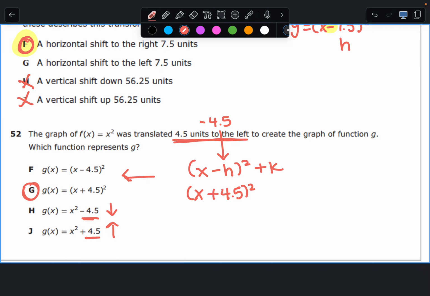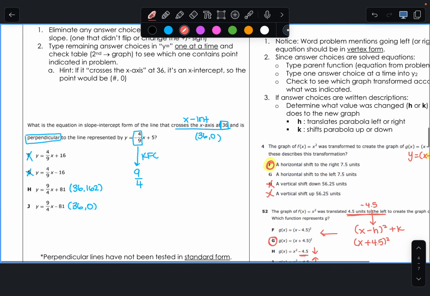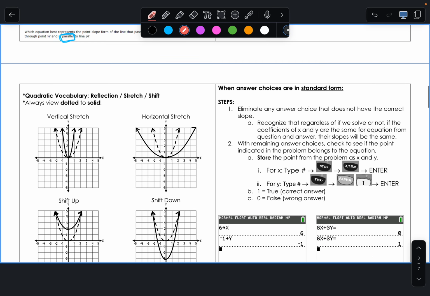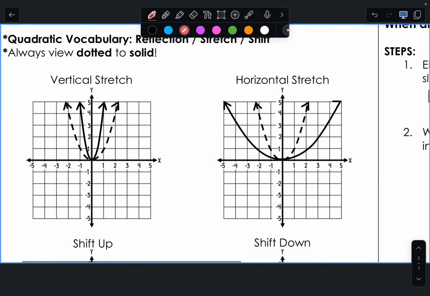And just a quick recap of the vocabulary. Vertical stretch means it gets narrower. Horizontal, it gets fatter. What makes your parabola fatter? Is it one or bigger? No, not bigger than 1.